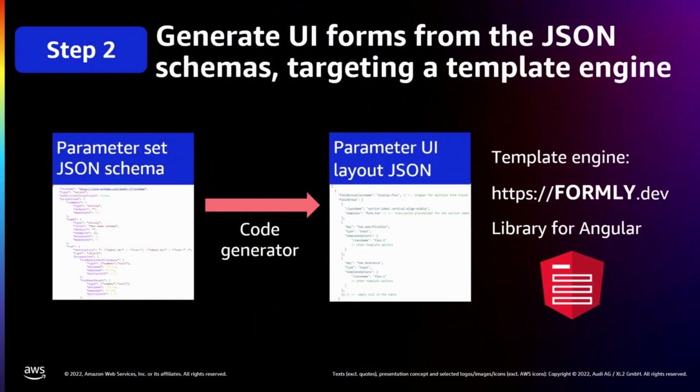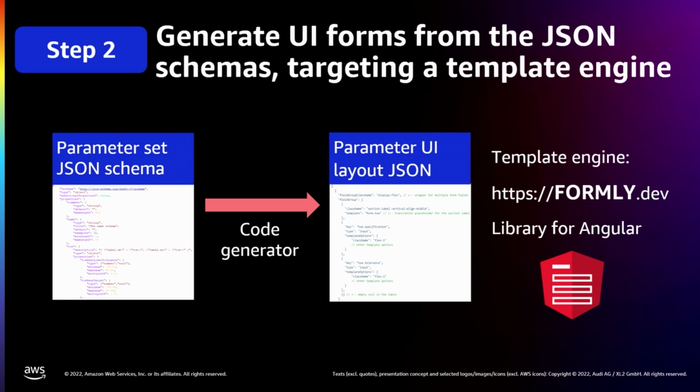Step two is then to take the schema and generate a layout schema or layout JSON out of it. Why? We are using an Angular library. It's called Formly. And this library takes the JSON layout and generates dynamically on the fly a UI out of it.